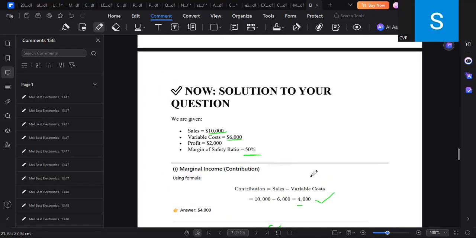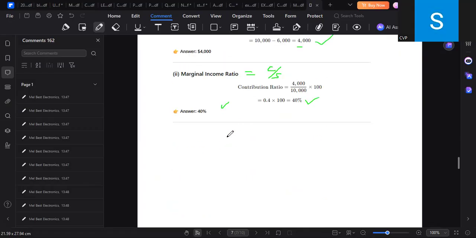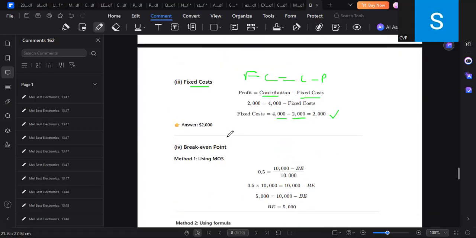Here the ratio is 0.5. Actual sales is 10,000, and the break-even sales is what we are calculating.